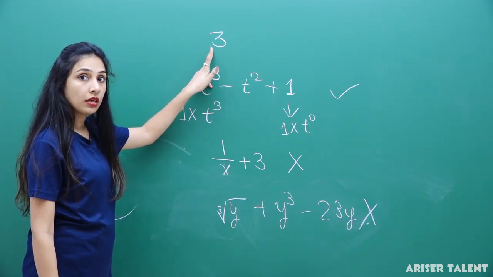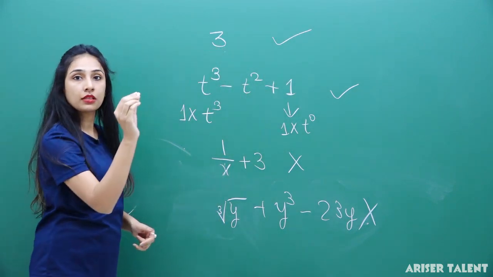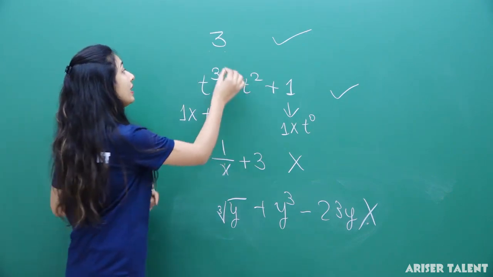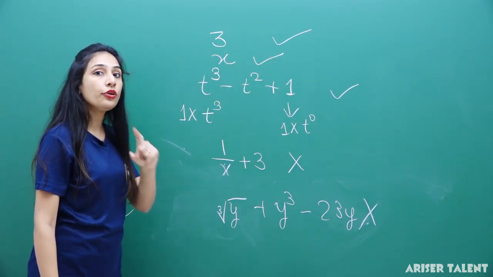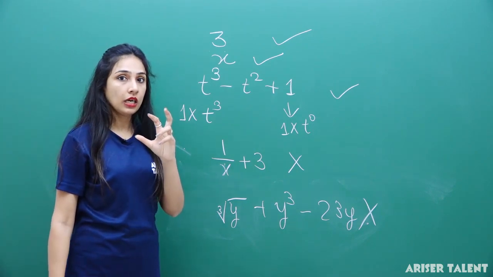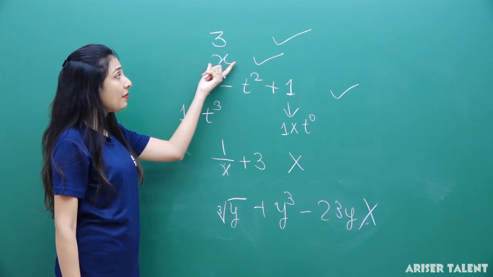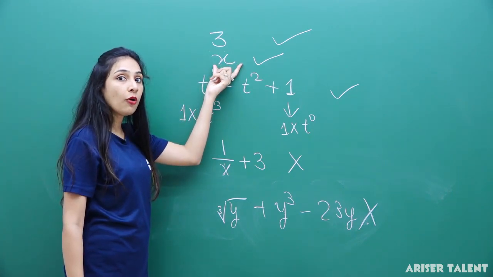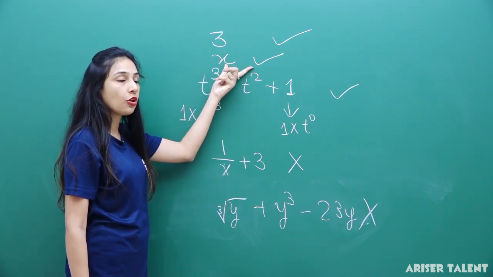3, yes it is, because 3 is a term. If I write simple 3 here, or simple x here, yes it is. I told you in the very first 5 minutes that even if I am having a single term, it will be a polynomial. x is 1 multiplied by x, so yes it is a polynomial.